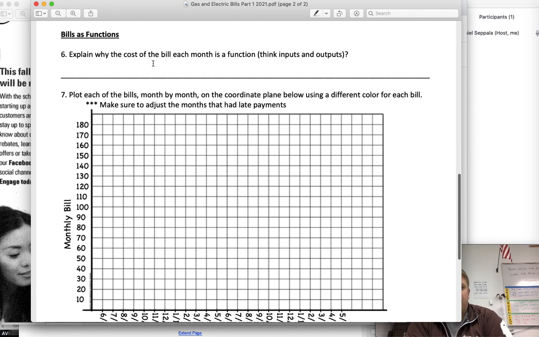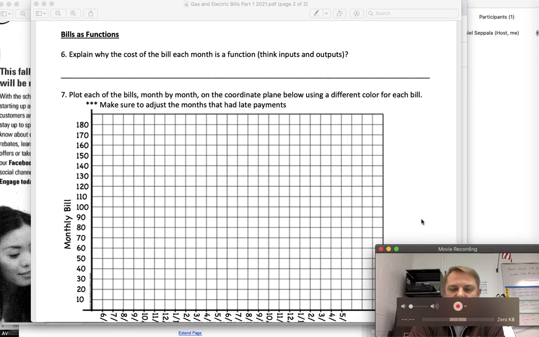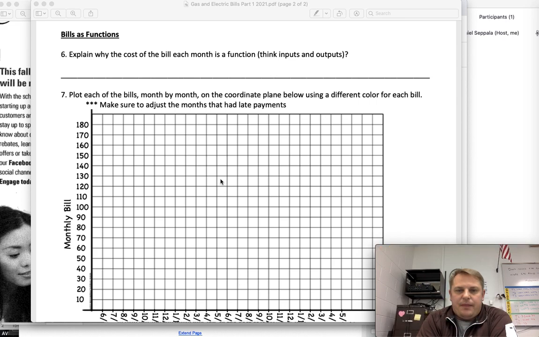As far as the cost of the month and why it's a function with inputs and outputs, in algebra, when you wanted to determine if something's a function in a graph, we use the vertical line test. The vertical line test says that if a vertical line crosses the graph more than once, then it's not a function. The reason is that for one input, one x coordinate, there would be two outputs, two y coordinates.